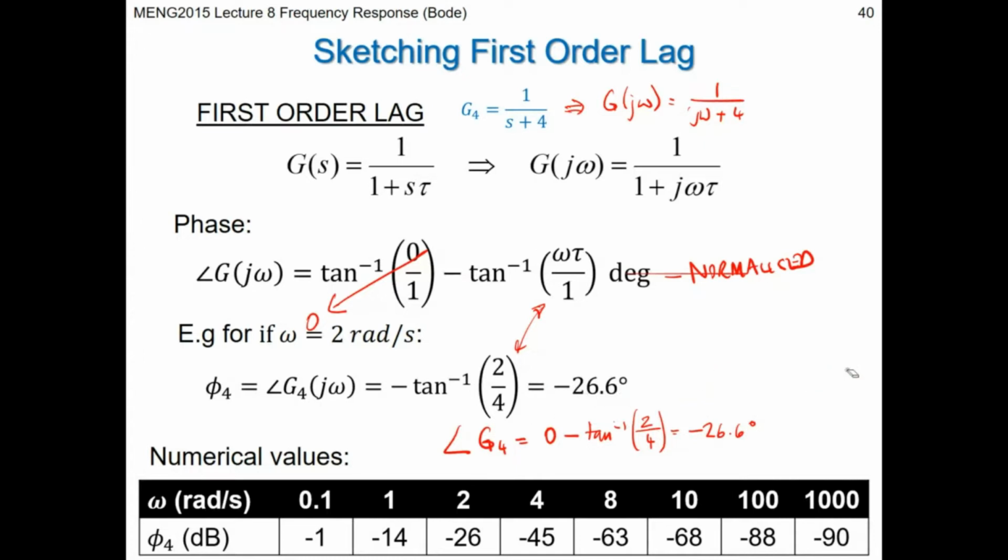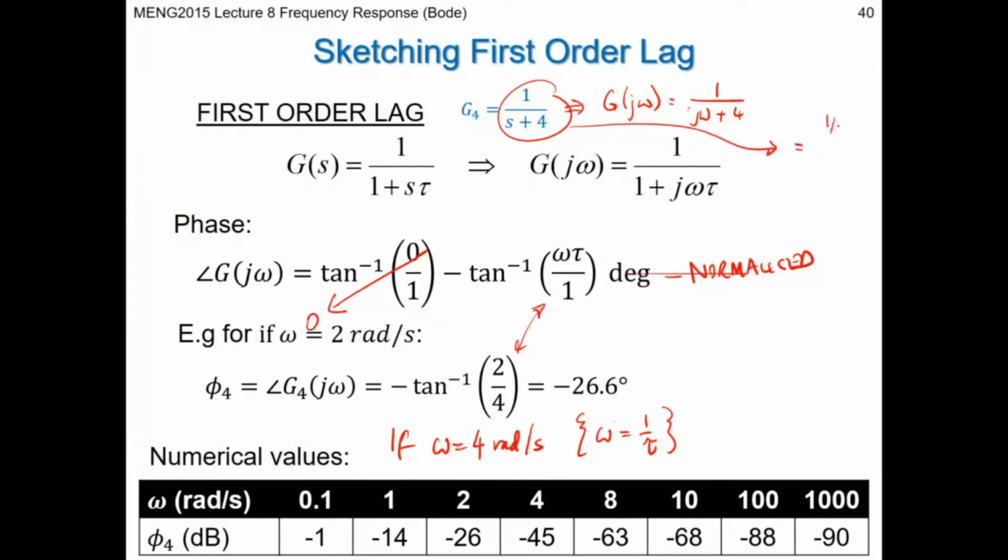If we said, okay, if omega equals 4 radians per second, and that is actually equal to omega equals 1 upon tau, right? Because tau, for this one, we can transform this.